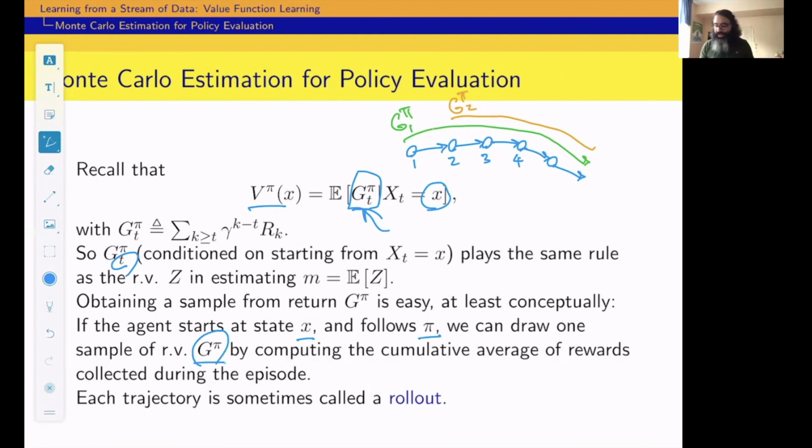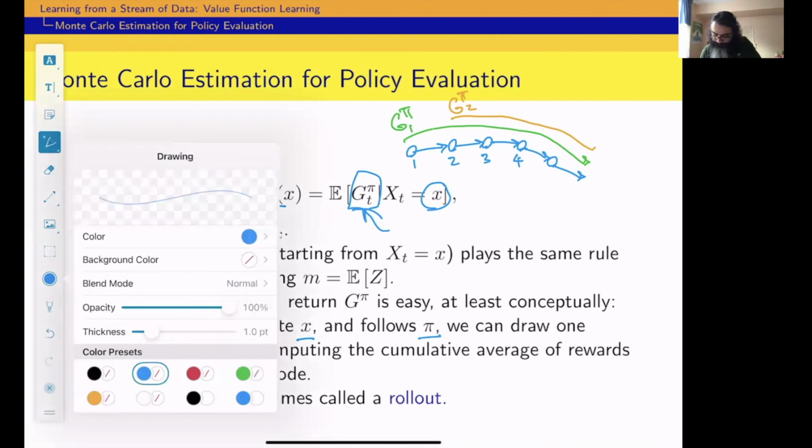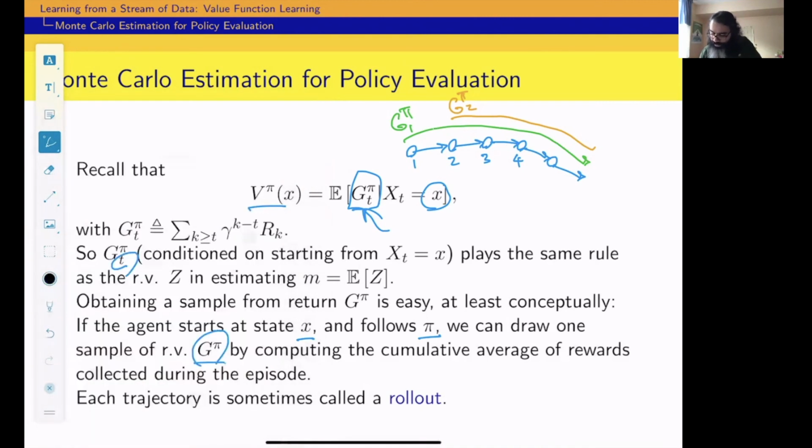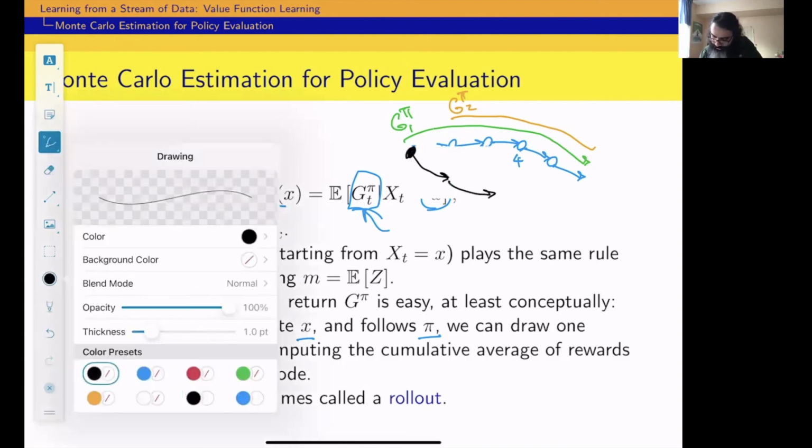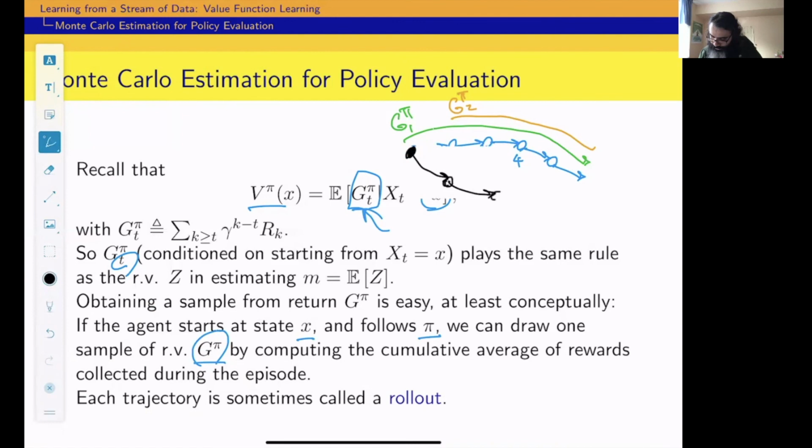If I start from the same state, in another simulation, you can think of it, the time steps 1, 2, 3 would be 2, 3, 4 in a different trajectory.